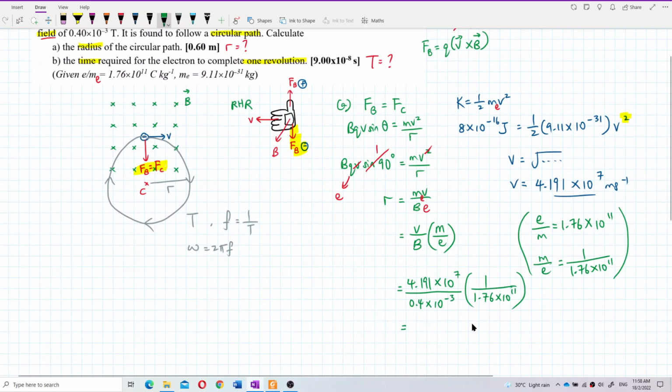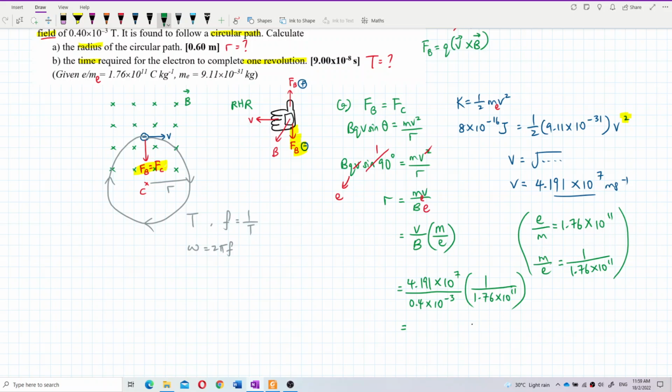Let's calculate: 4.191 exponent 7 divided by 0.4 exponent negative 3, divided by 1.76 exponent 11.